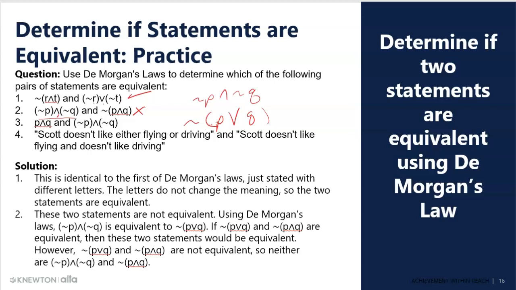P and Q and not P and not Q. Those are not going to be the same because I just showed you that that's that. P or Q, if you wanted to write a negation, you'd have to have the negation of not P and not Q. You negate P and Q, not P, or the negation of not P. You change the sign on each, and you flip the sign in the middle and put the negation outside. I don't have that.